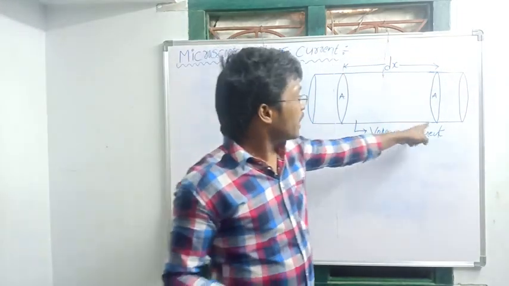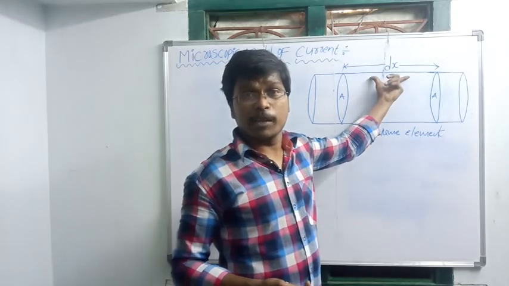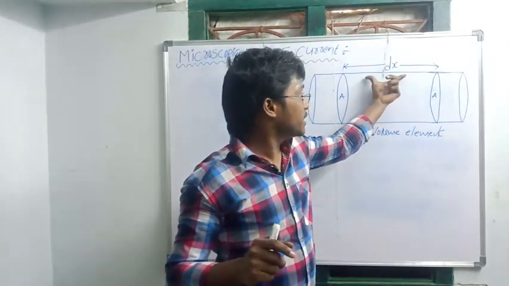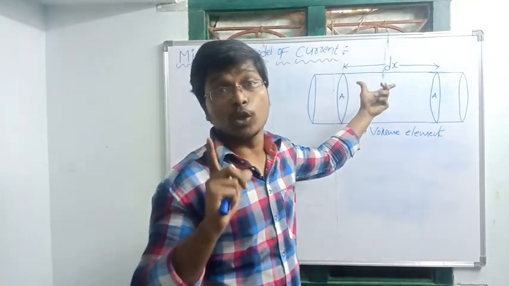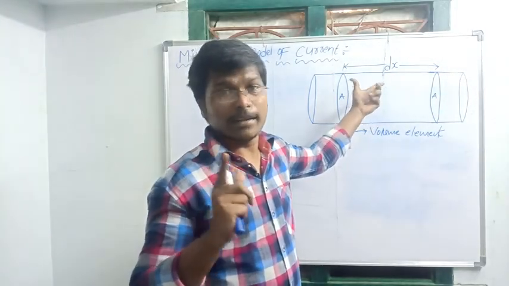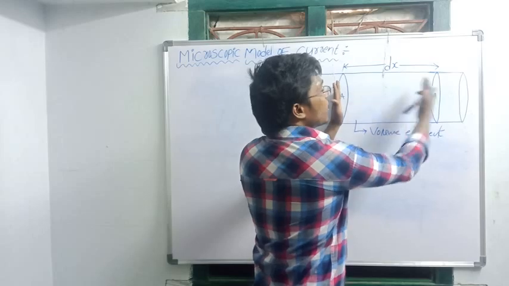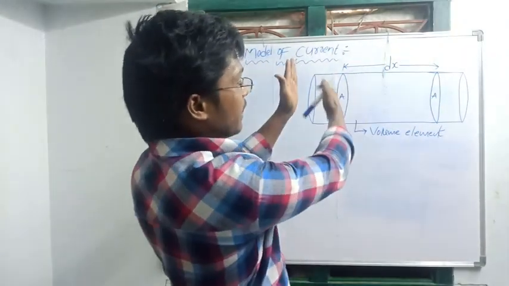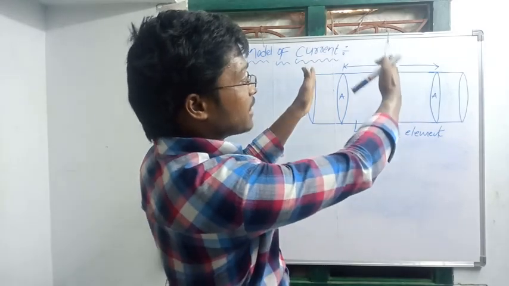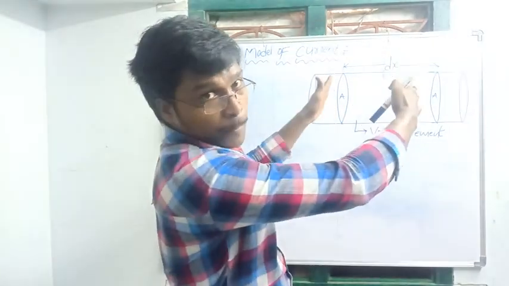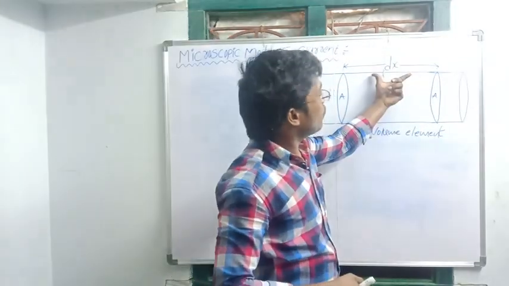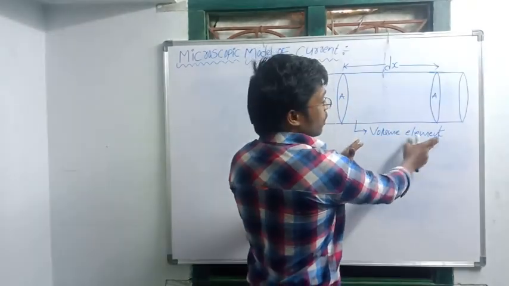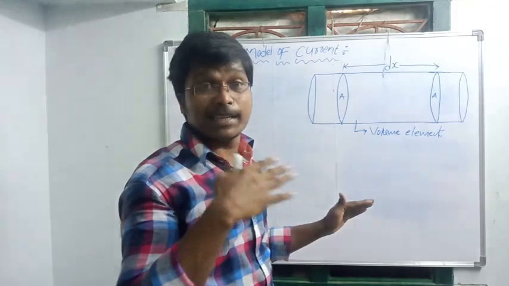So area into displacement is a volume. And this is one part out of the total conductor, the part in between those areas. So area into displacement is the volume, and this is one part. So we call it a volume element. A part is an element.